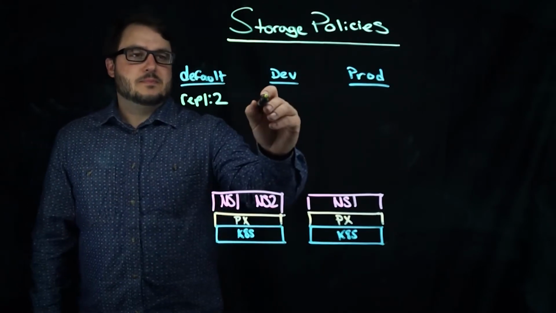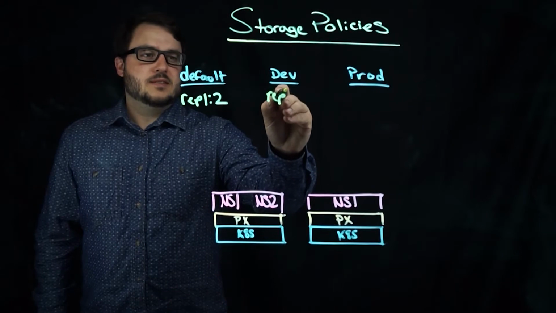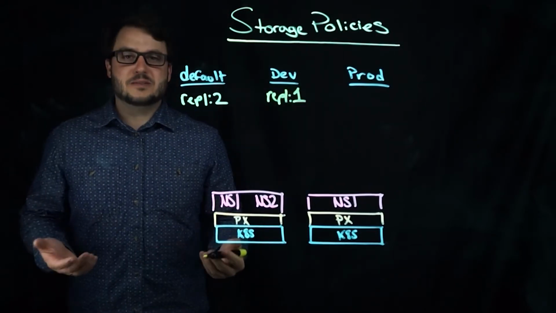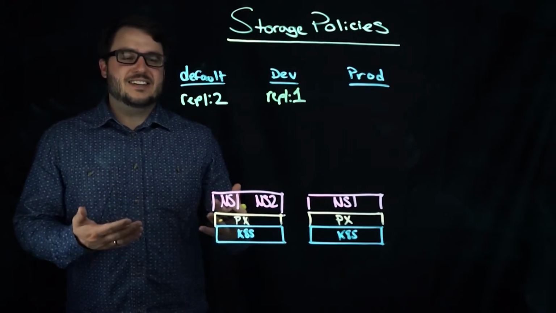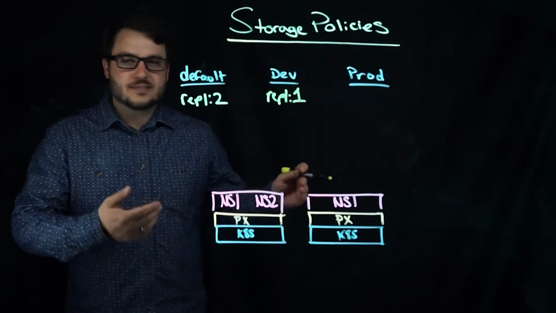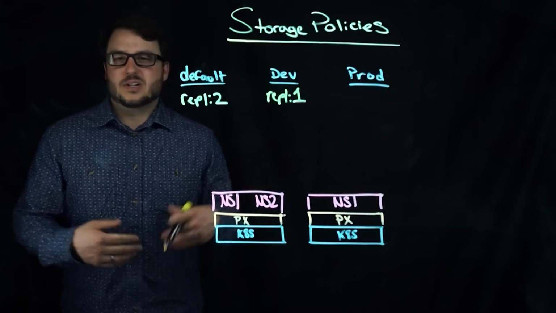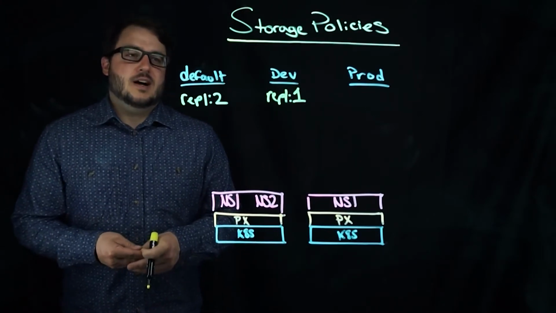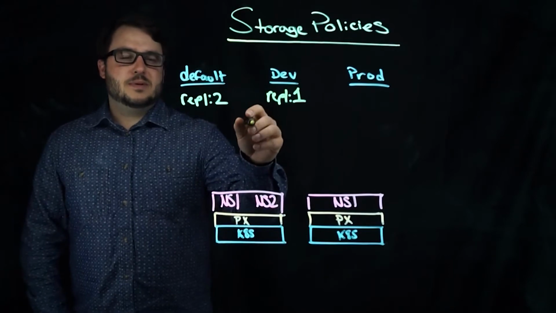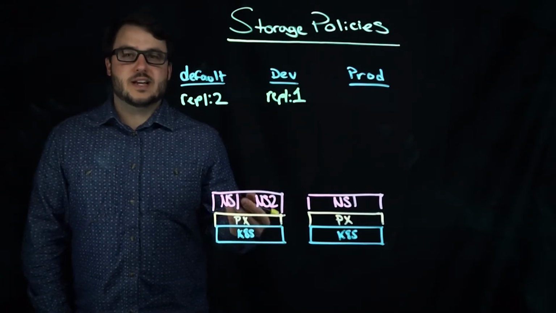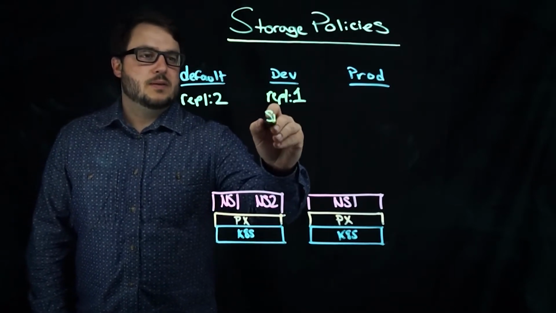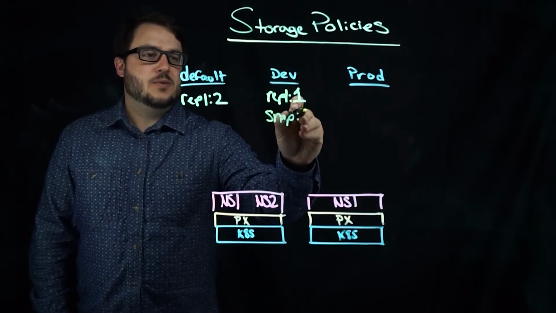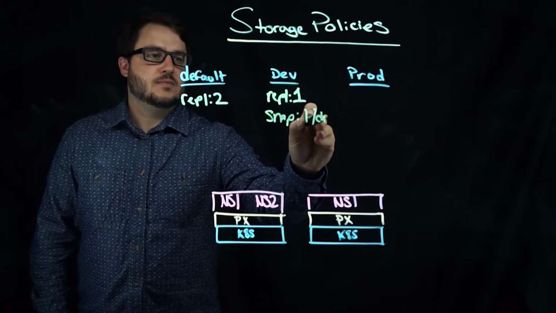Now, in development, we might exactly want 1 replica. Why? Because it's development. We don't necessarily need highly available services. If things go down, fine, we can spin them back up or recover them over time. Things aren't business critical in development. We also, in development, care maybe a little bit more about our data. So we may want a snapshot of once a day.